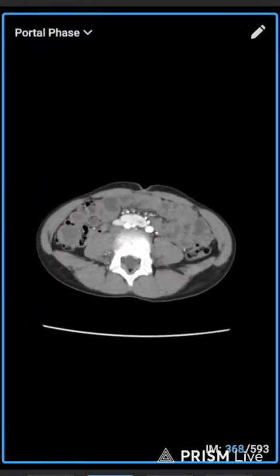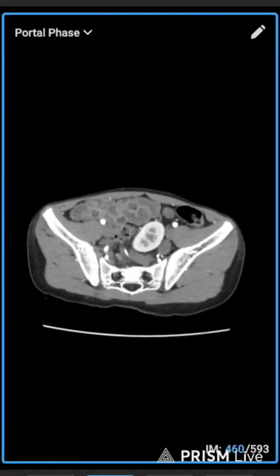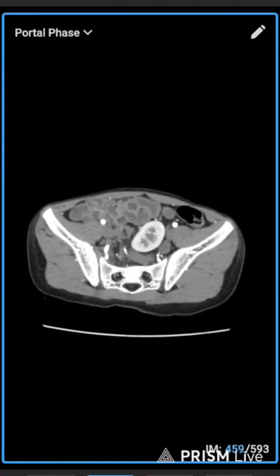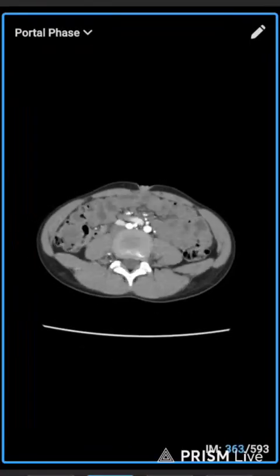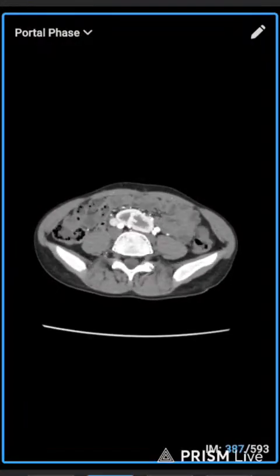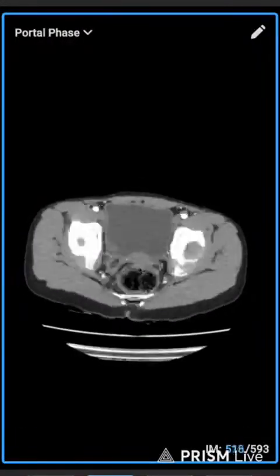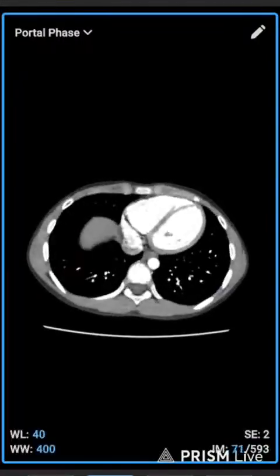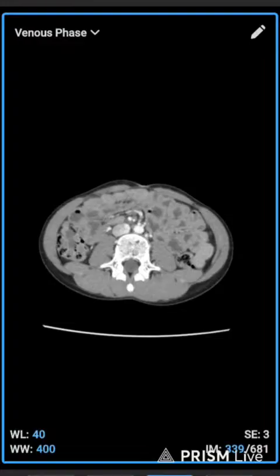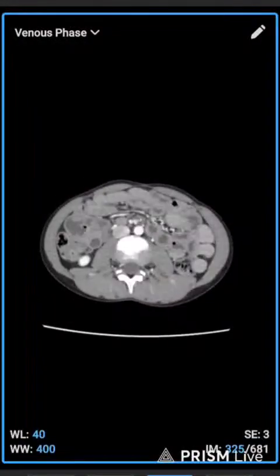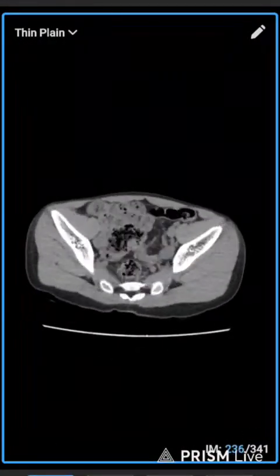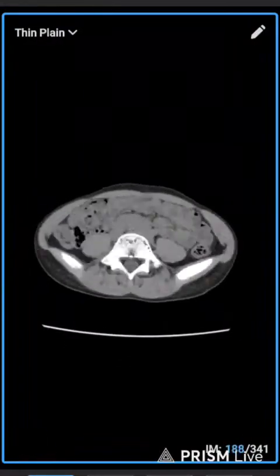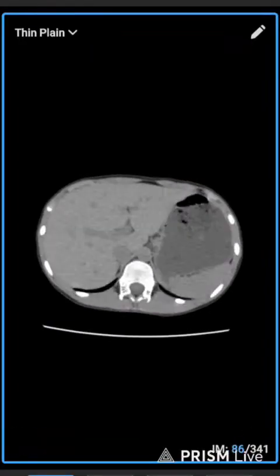Here you can see the kidney placed under the pelvic area, and the shape of the kidney was different, so everything seems different. In the first case, if you see the arterial phase, it's normal because there was no stone in this kidney. Also on the right side there was no stone.